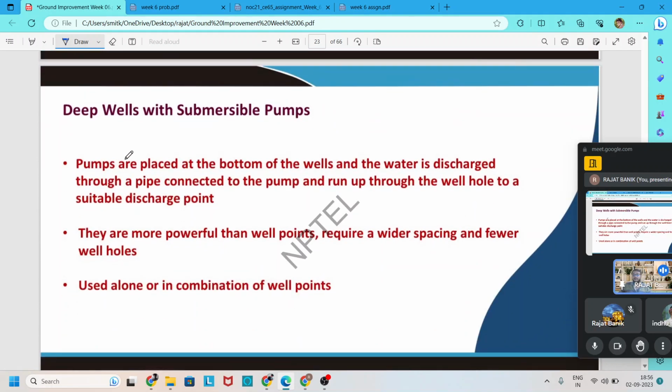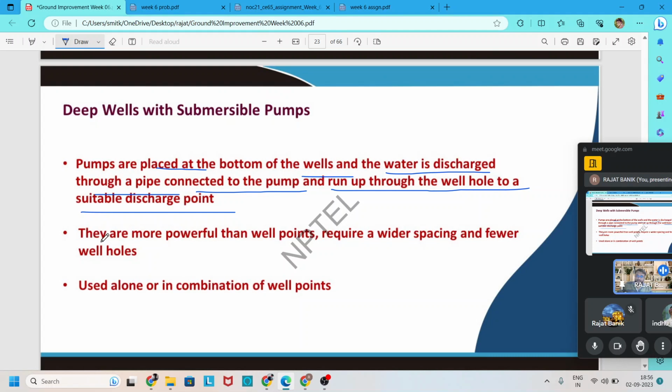So here it is said about deep wells that pumps are placed at the bottom of the well, as we already discussed, and water is discharged through a pipe connected to the pump and run up through a well hole to a suitable discharge point.